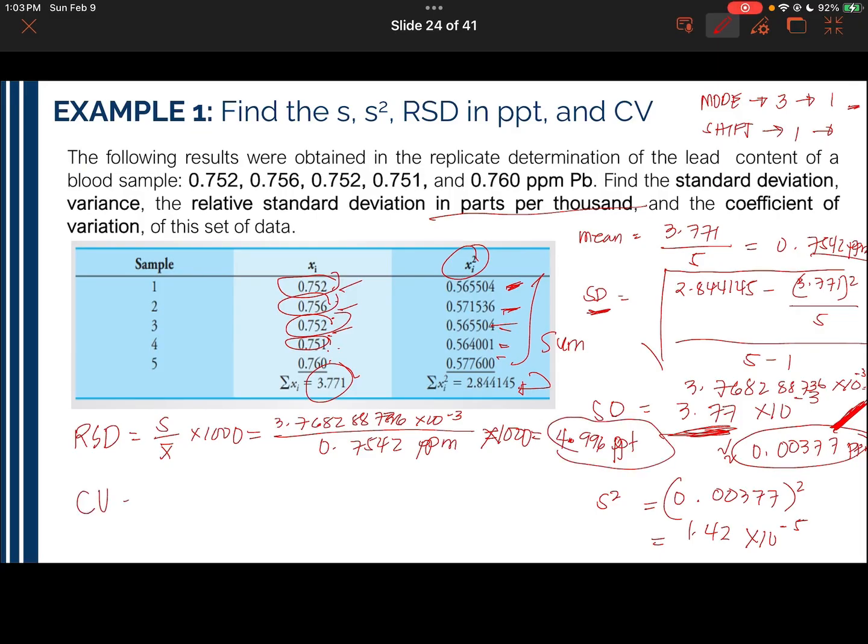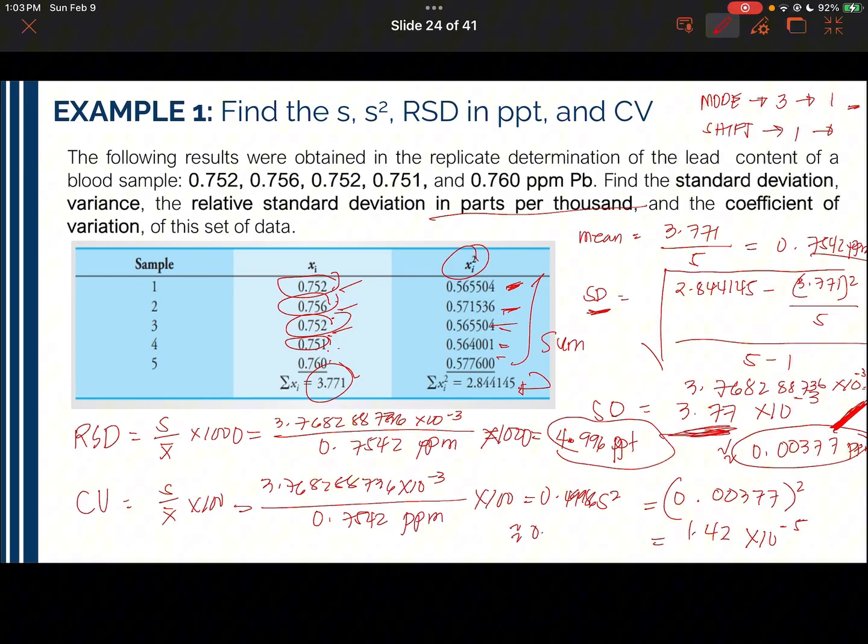For CV, standard deviation divided by mean times 100. So same: 3.768288736 times 10 to the negative 3 divided by 0.7542 ppm times 100 is equal to 0.49986 or 0.500%.